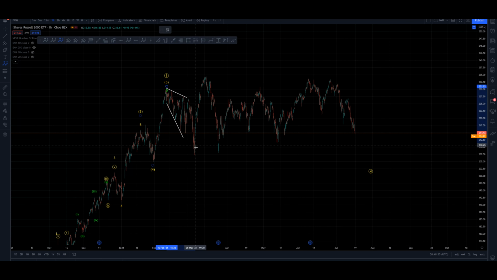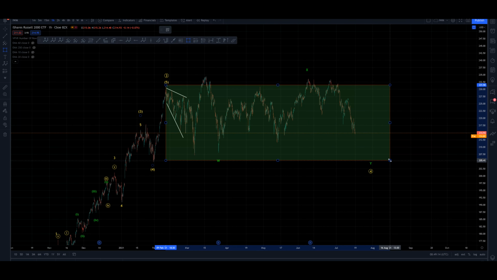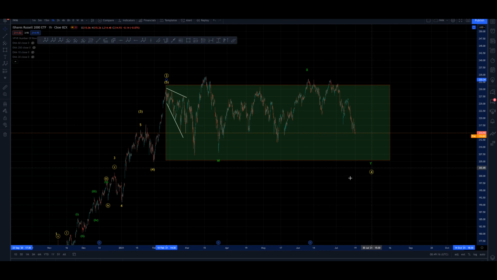We're going to have to say this is a three wave move, 1 to here, 2, 3 to a W. This here is a three wave move, which is a higher high. This one is a three wave move, and now we're getting another kind of three wave move. And we're just going to continue the sideways stuff until we put in a 4.